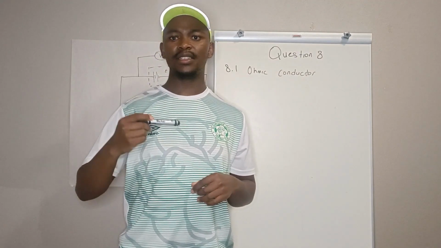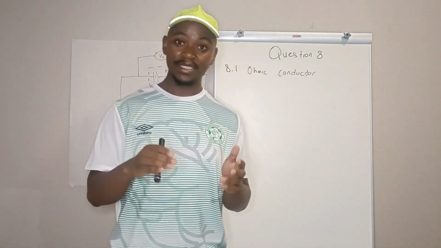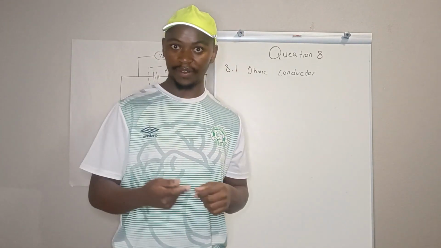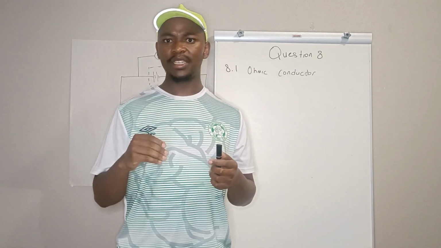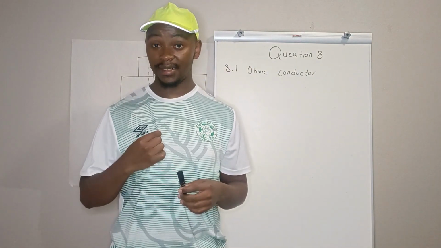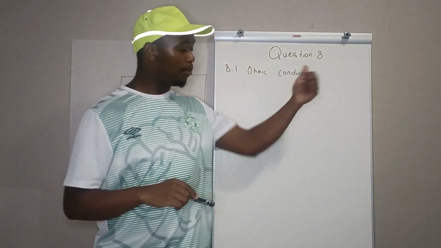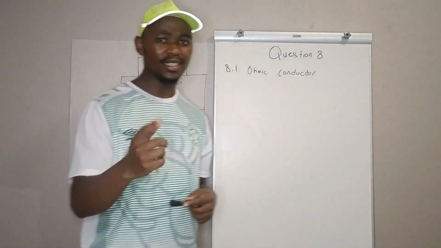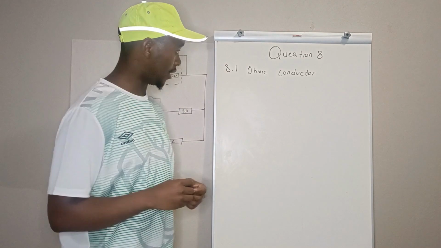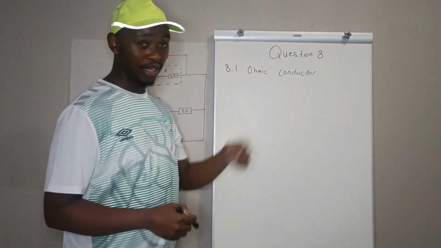When we say someone is a South African, we know that that person belongs or was born in South Africa or is a resident in South Africa. When we say something is blue, this is a blue shirt, we know that it is a shirt, but then specifically it is blue. But then now, when we talk of ohmic, it means that this needs to be related to Ohm's law. It is ohmic, all right. But what does that mean now? Because we're referring to a conductor.